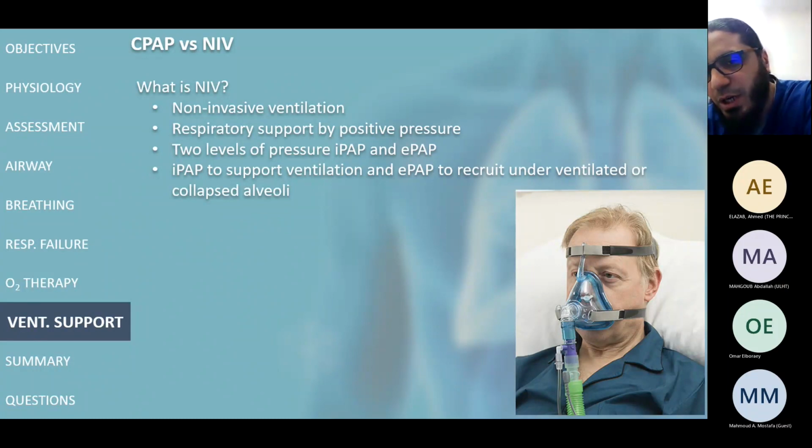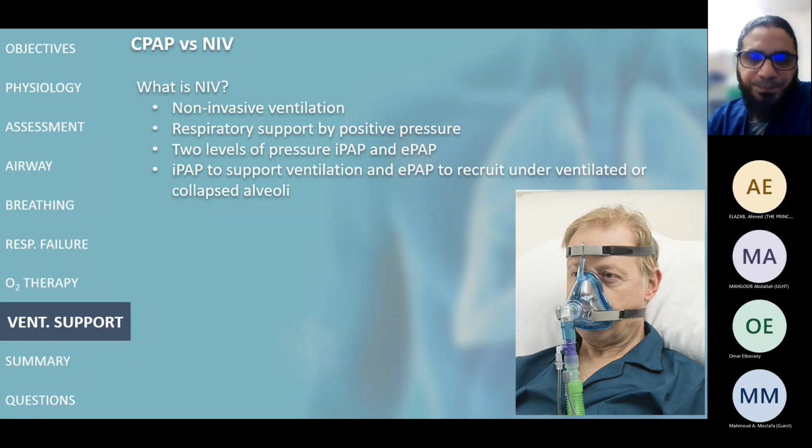The inspiratory pressure will be higher than the expiratory one, and the difference in pressure will drive the increase in ventilation. So the inspiratory pressure will support the ventilation, and the expiratory pressure at the end of expiration will keep the alveoli patent and ready for the next cycle to start.